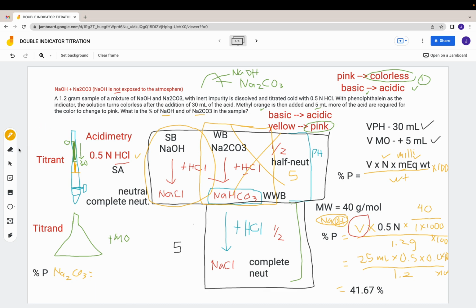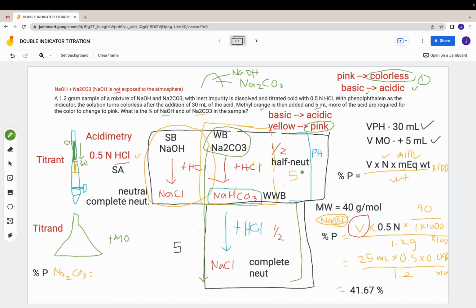Let me erase this bit here, since it's obstructing our view. At this point, you have to look for the percent purity of this one. And that process is from this part until this part, until it becomes completely neutral. All the volume you need for that process, that's the volume for your sodium carbonate.